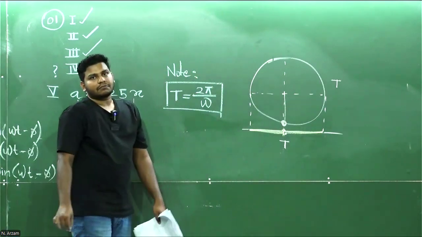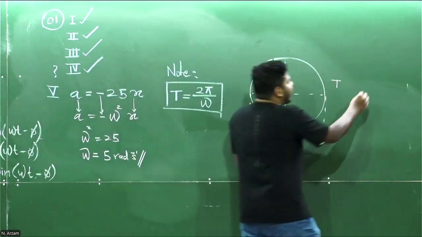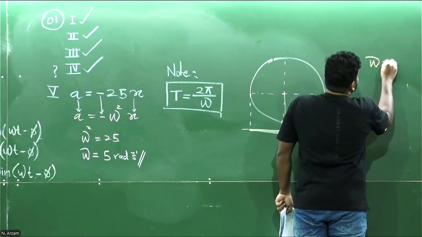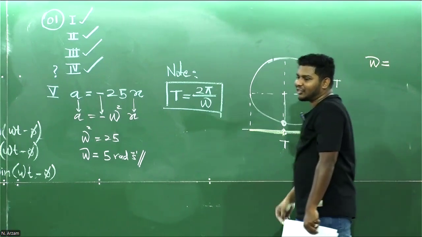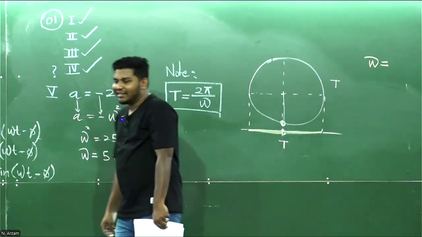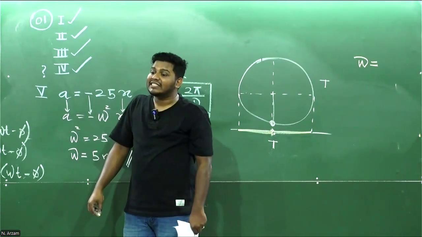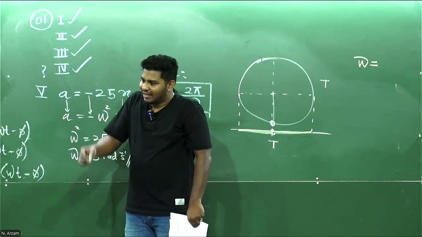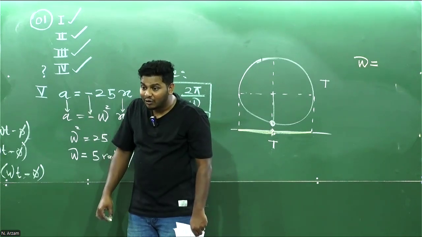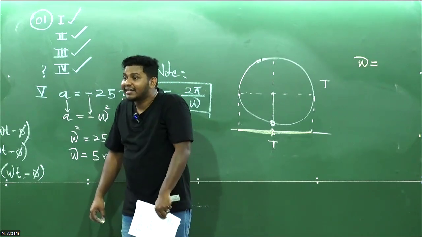Can you tell me what is omega? The first class I taught you. Omega is equal to theta by T. What is velocity normally? Velocity is equal to displacement over time.